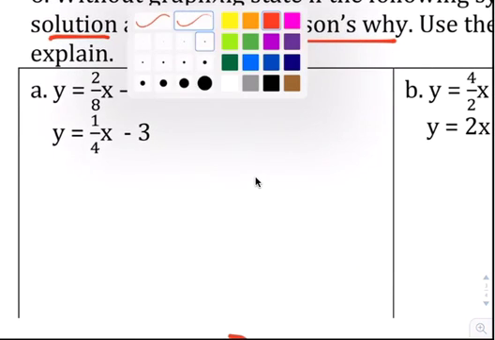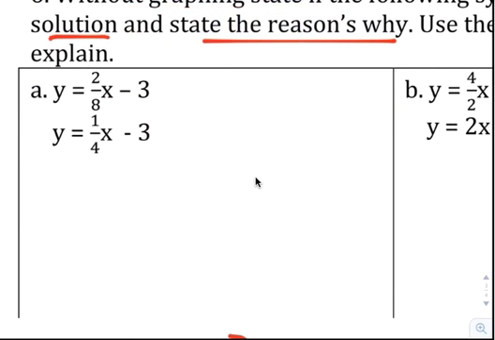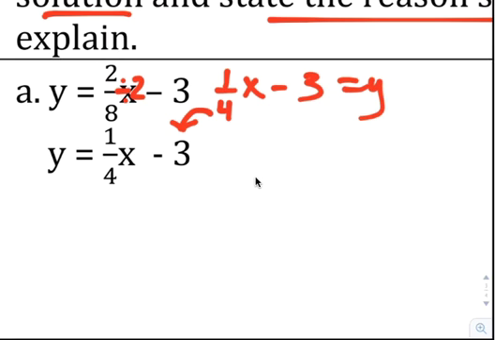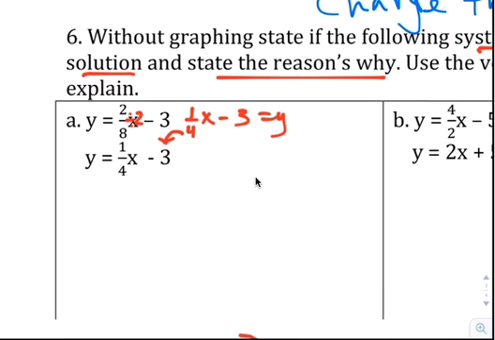This one is going to be, look, these can be divided by 2, so it becomes 1 over 4x minus 3, which is the exact same thing as here. So it's going to be the exact same line. This is going to be infinite solution because the rate of change are the same, the y-intercept is the same. It's going to be one on top of the other. So it's infinite solution.